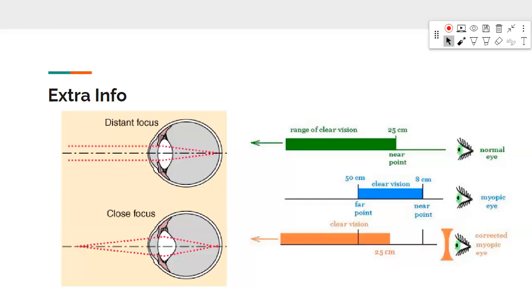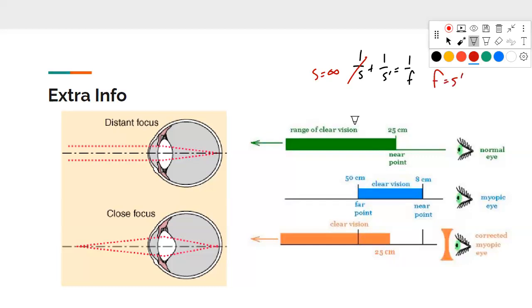So as we've seen in the thin lens equation, we have 1 over s plus 1 over s prime equals 1 over f. So if something is infinitely far away, some object, then the light will just be focused and form an image at the focal point. So f equals s prime.